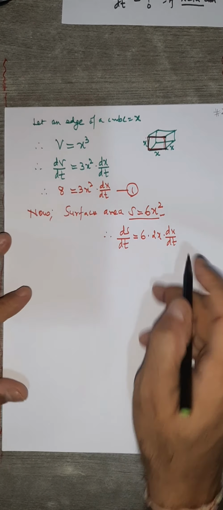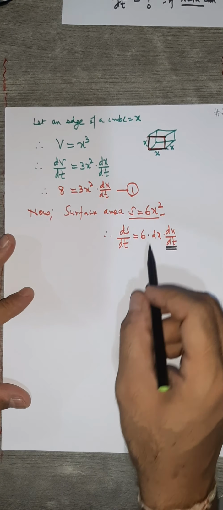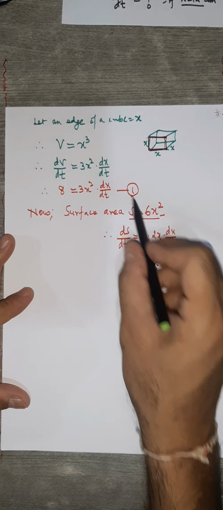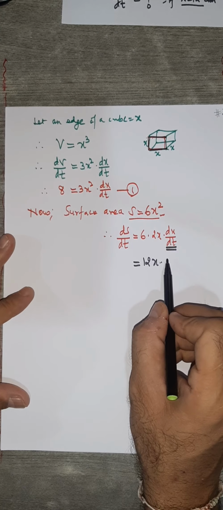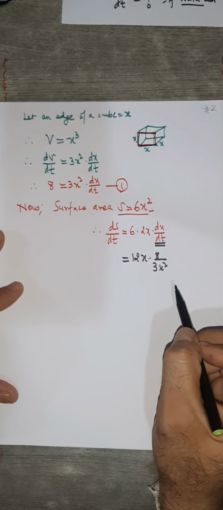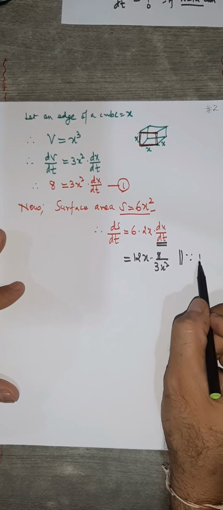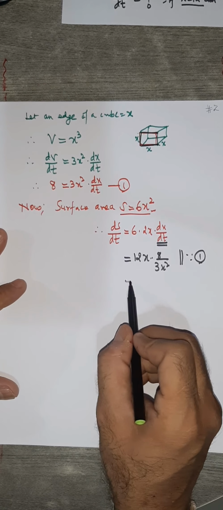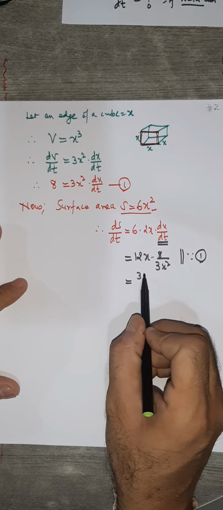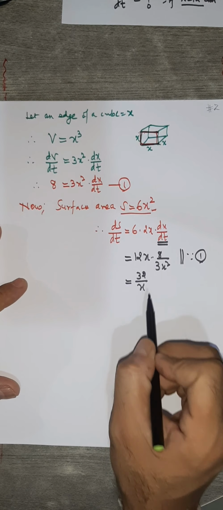Now you have information about dx by dt from equation 1. So this is 12x. What is dx by dt from 1? That is nothing but 8 by 3x squared. This is because of 1. So what we get from this is 32 by x.